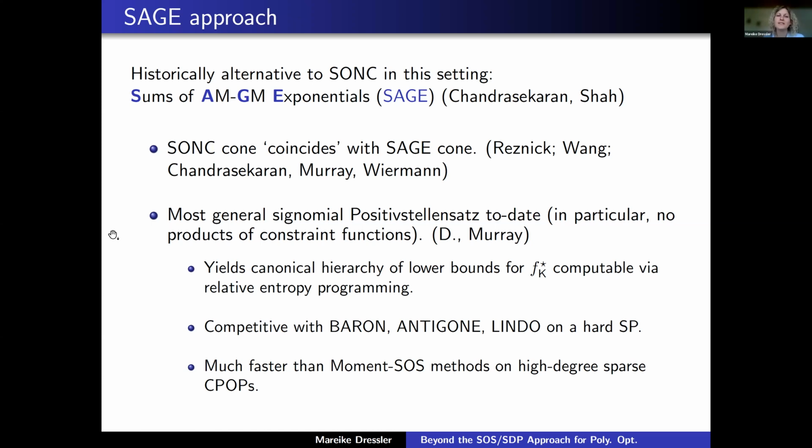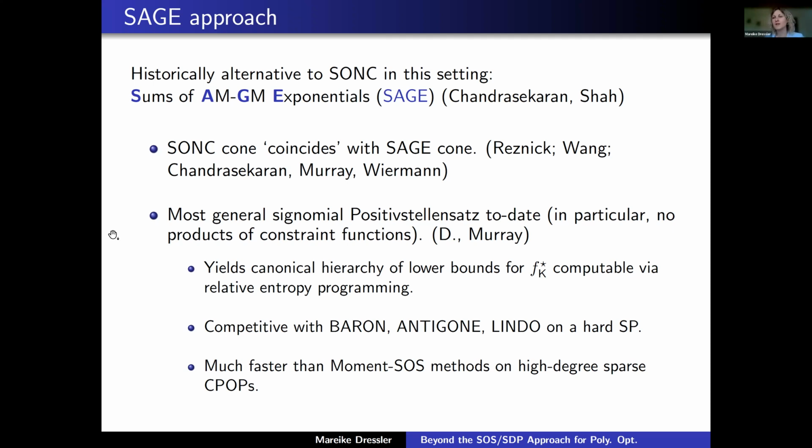In the signomial setting, we have a positive Stellensatz that involves no product of constraint functions. I just showed you the Putinar positive Stellensatz, which in fact still involves products. So we have here in this setting a positive Stellensatz without products, and the same spiel as before.